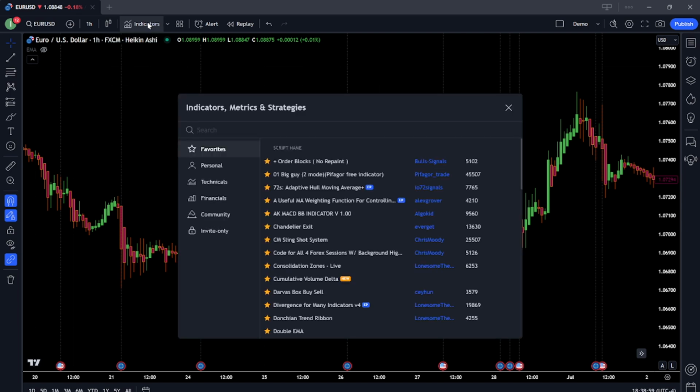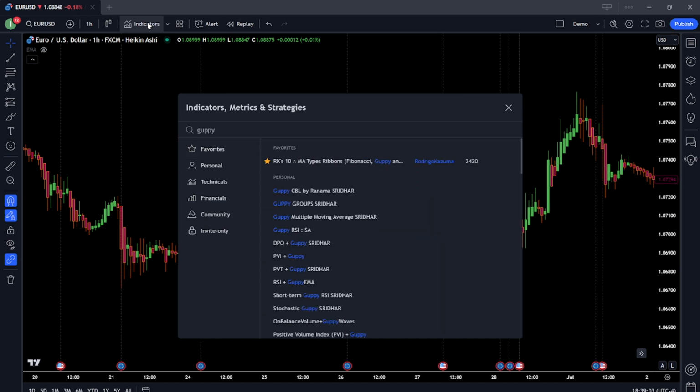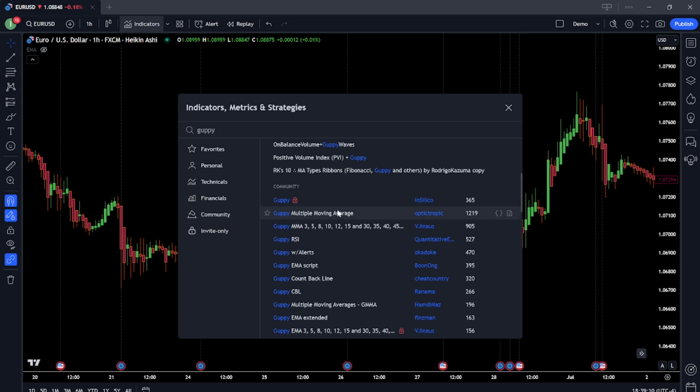The first indicator we need is Guppy EMAs. If you type in Guppy, you're going to find this Guppy multiple moving average written by someone named Optic Tropic. You can add that to your chart.